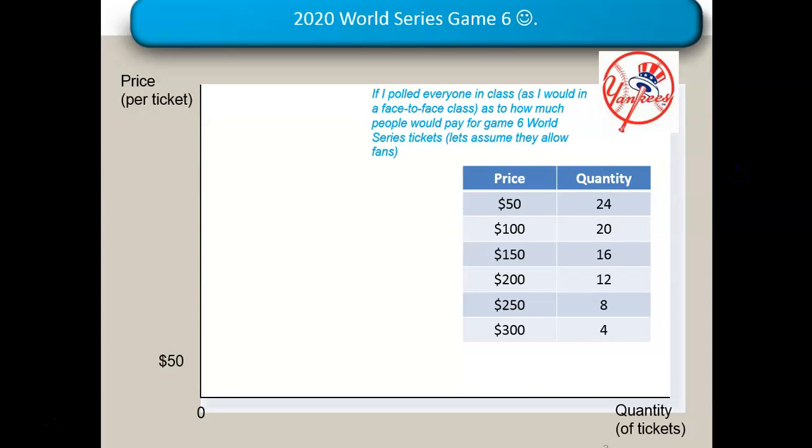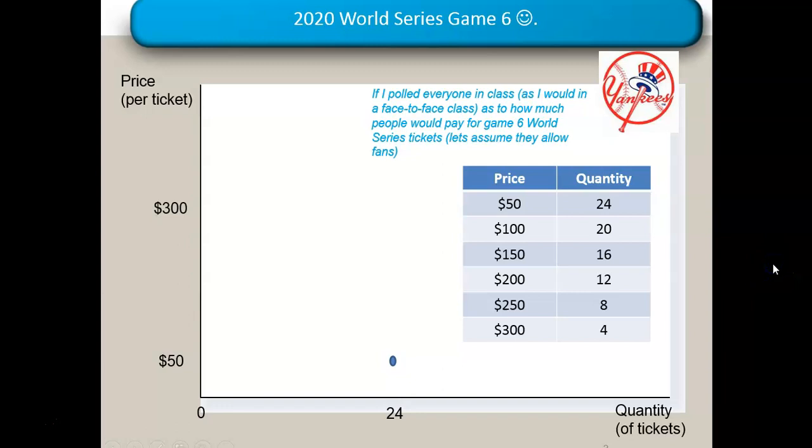So let's take the top point. $50. Well, how many people want to go? 24. So basically that point represents that price-quantity combination. So $50, 24 people want to go. And let's pick the bottom point.